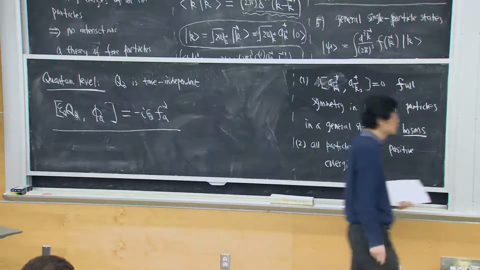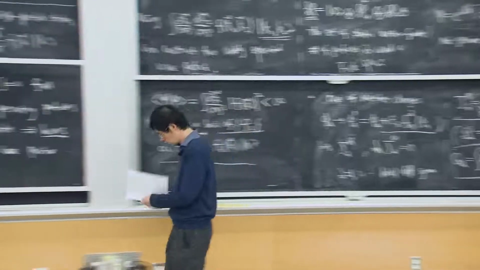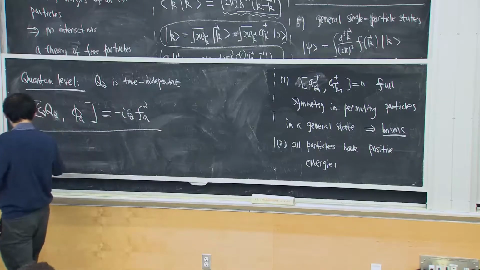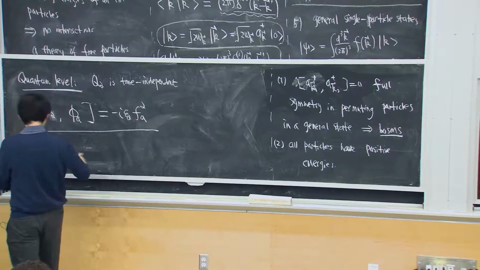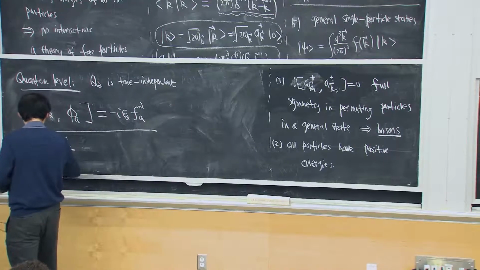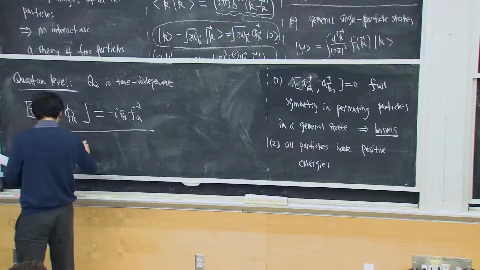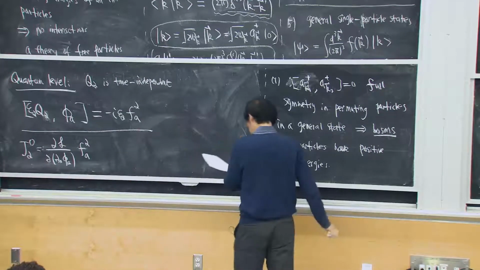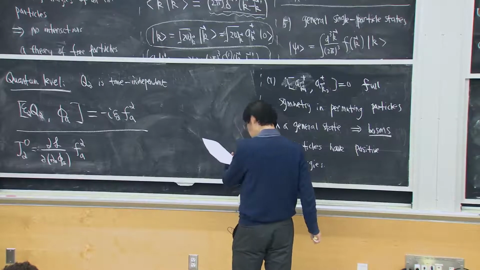Let's look at the zeroth component of this J, the zeroth component of J just equal to partial L over partial partial_0 phi_A, and f_A^alpha.